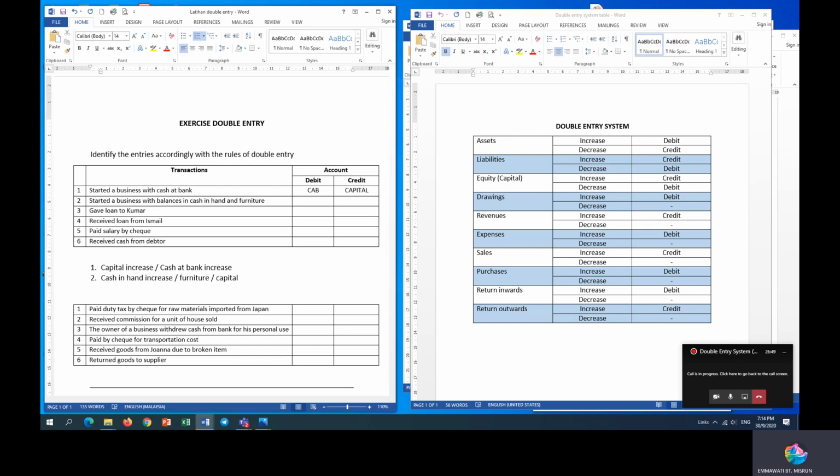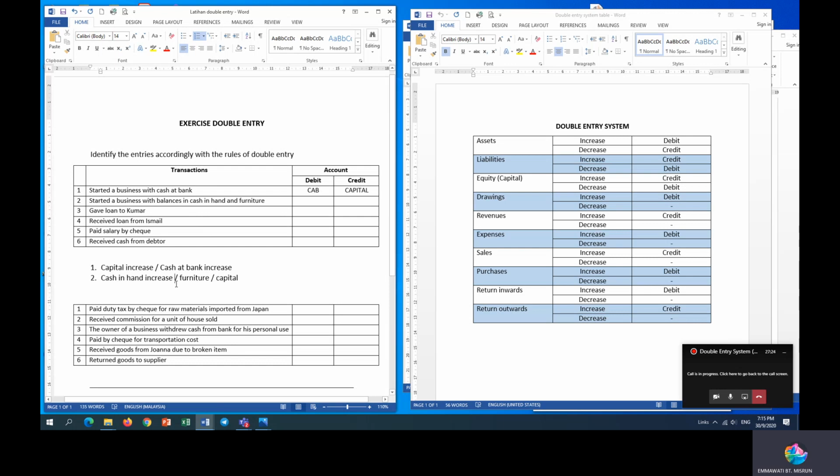So maknanya kat sini bila awak memulakan perniagaan pada bulan yang baru, so this is what it meant, okay? Dengan baki-baki, maknanya sebagai contoh pada bulan Februari awak telah memulakan balik catatan akaun awak dengan 2 akaun yang berbaki yang dibawa daripada bulan sebelumnya. Jadi 2 akaun tersebut adalah cash in hand dan furniture, tunai di tangan dan perabot.